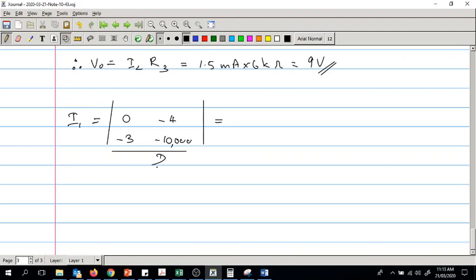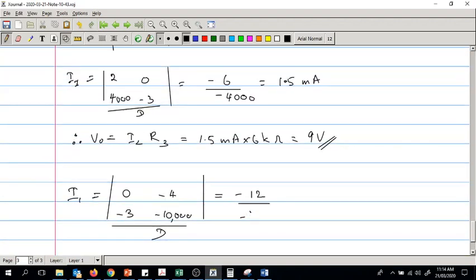I1 is minus 12 divided by D. D is minus 4,000, right?